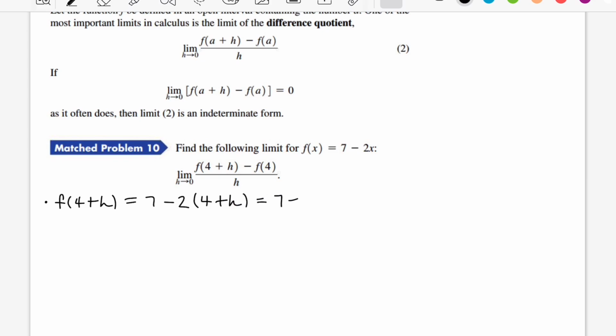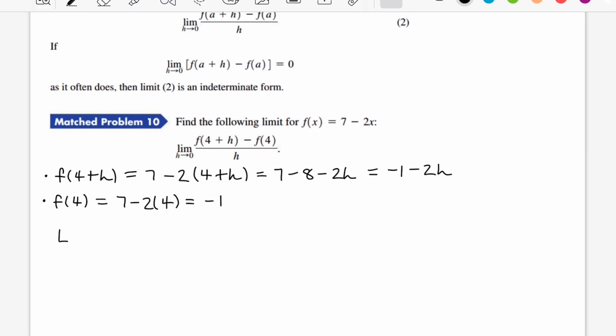Simplifying this, we get, alright. And then we also want to figure out what f of 4 is. So again, just plugging this in wherever we see an x. 7 minus 8, so that's negative 1.